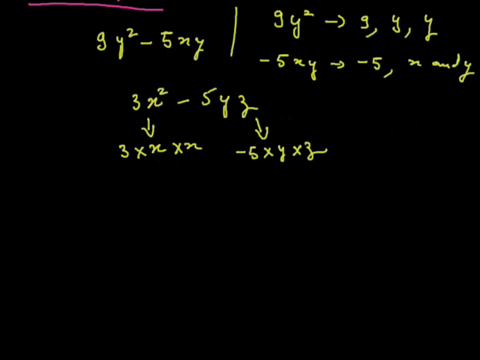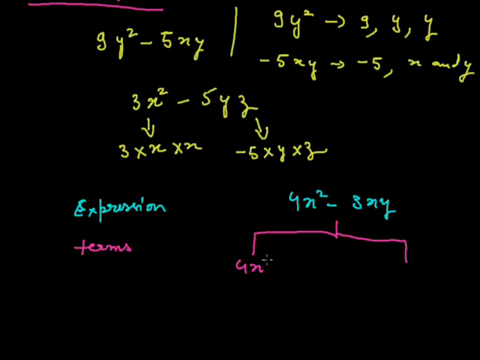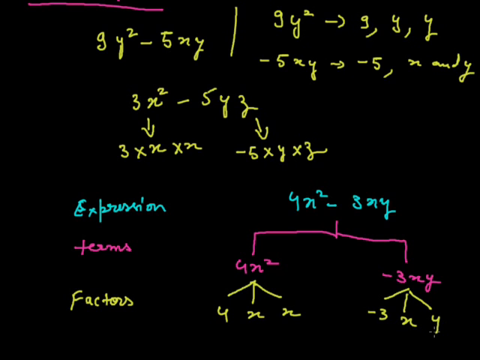Thus, for the expression 4x square minus 3xy, the terms are 4x square and minus 3xy. And the factors of these terms are 4x and x, and the factors of the second term are minus 3x and y.